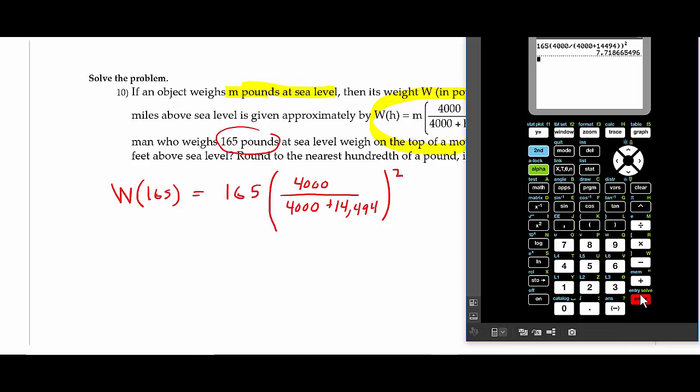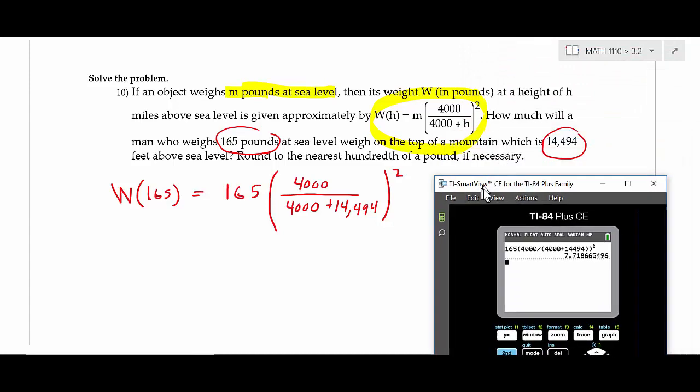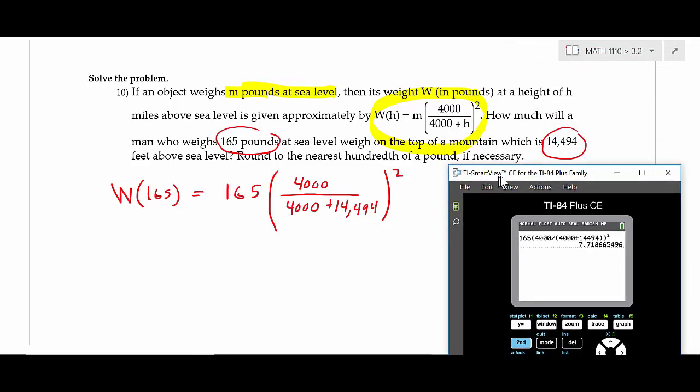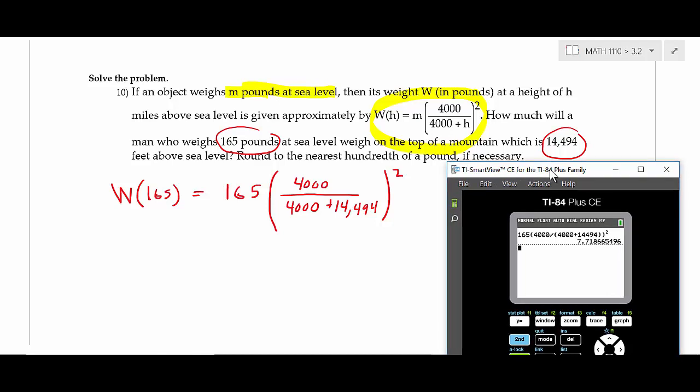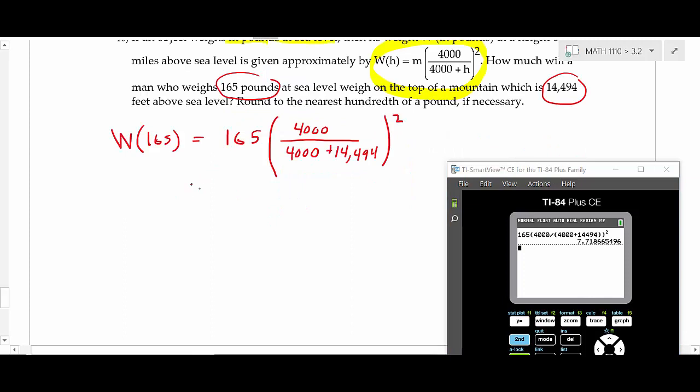I was wondering if that might need to be in miles. When I was doing this, I wasn't sure if the units were going to work out or not, but I suspect it has to be in miles. Let's do this real quick because now I'm curious. That's obviously a ridiculous answer. So if you have 14,494 feet and we change that to miles, there's 5,280 feet in a mile.